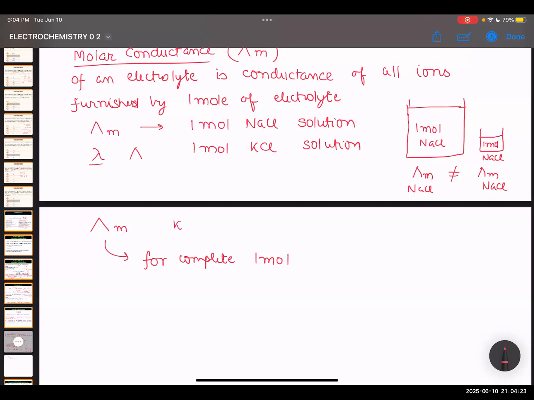And kappa doesn't bother about the mole. Kappa is for specific conductance or conductivity. It is the conductance of 1 cubic centimeter.